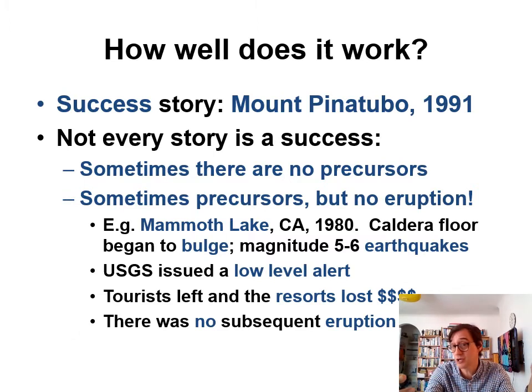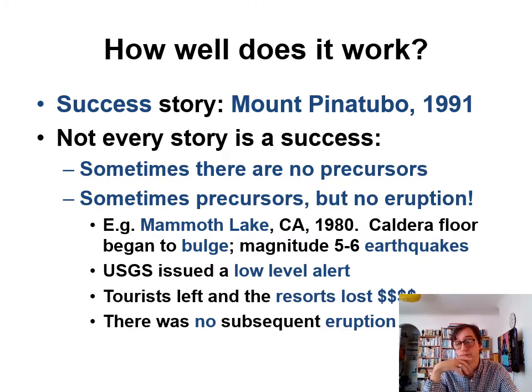To me, as a geologist, or even as a bystander, once you'd heard these things were happening, you'd think, let's get out of here. And the US Geological Survey did. They issued a low-level alert. Mammoth Lakes is a big tourist area for skiing, for hiking, everything else. And the resorts closed down.